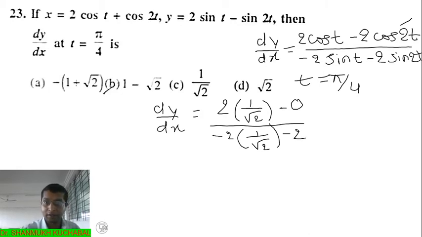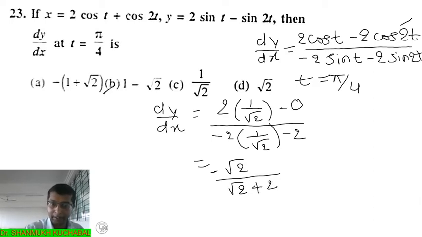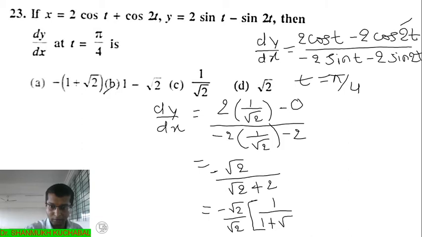So further, numerator simplification gives root 2. In the denominator, we can take minus common, so we get root 2 plus 2. In the numerator I take minus root 2 as common and get 1, and in the denominator root 2 common, 1 plus root 2.